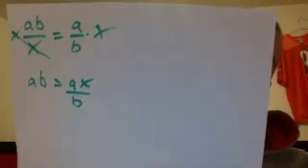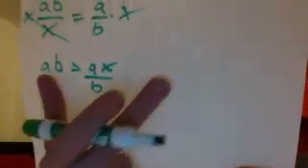That gives me ab equals ax over b. So that's my first step. Multiply both sides by x. Now, I'm going to switch these around. I'm going to flip that around my equal sign so it looks a little more normal to you.